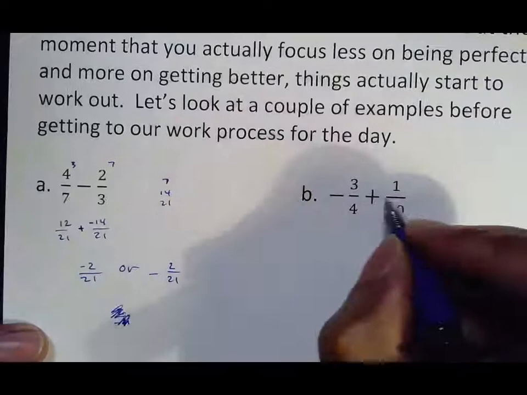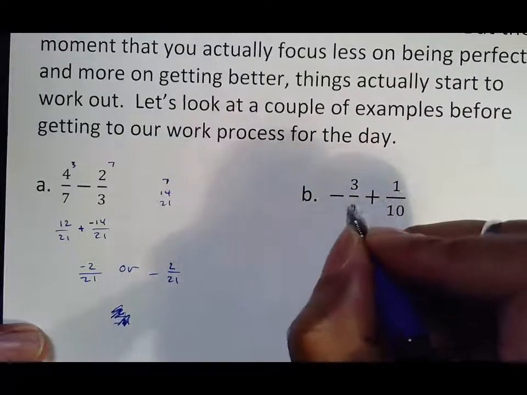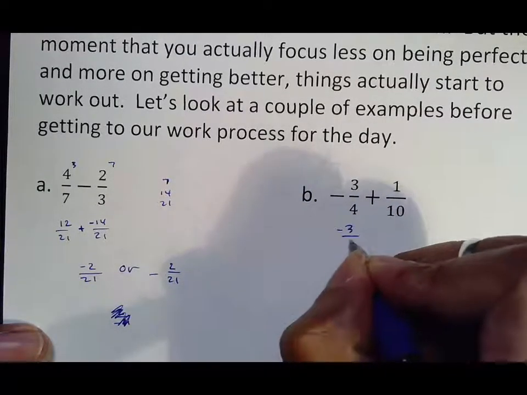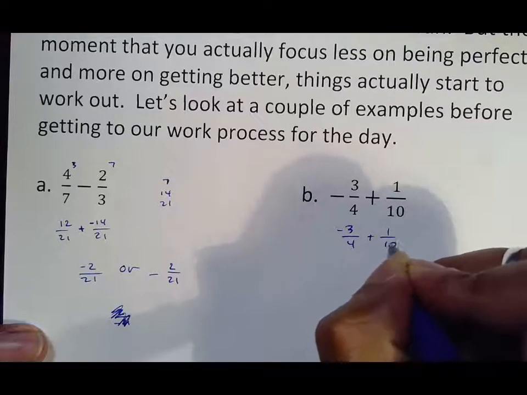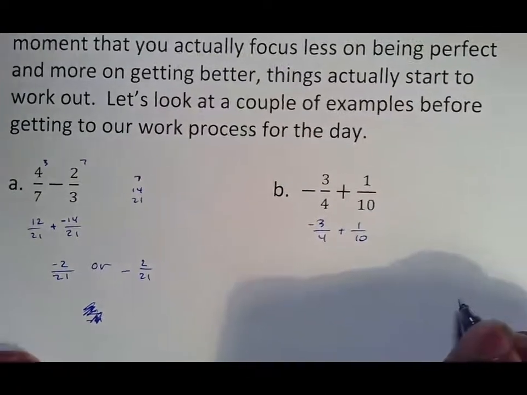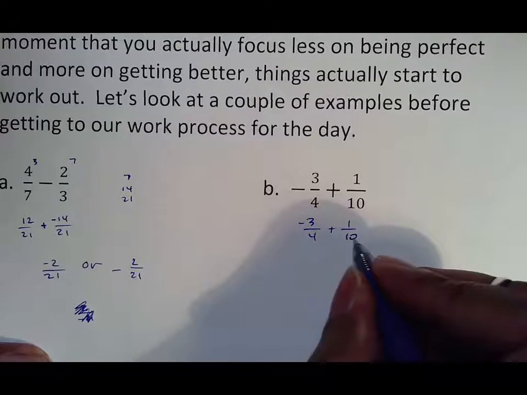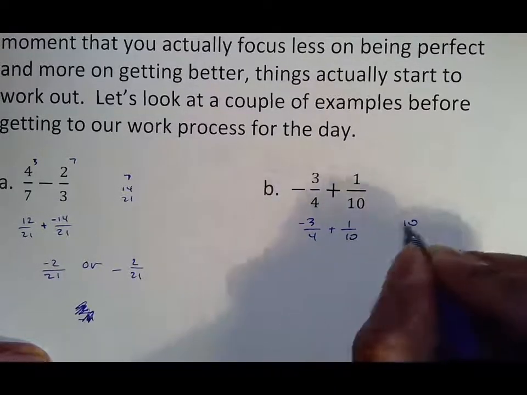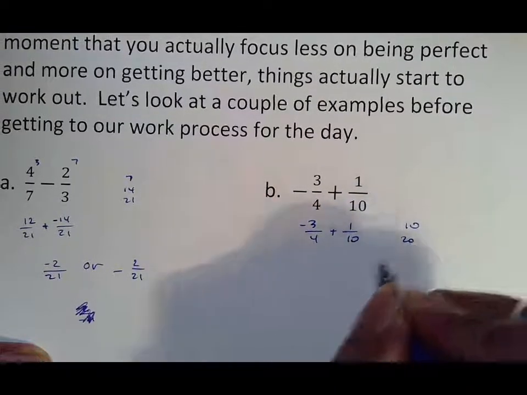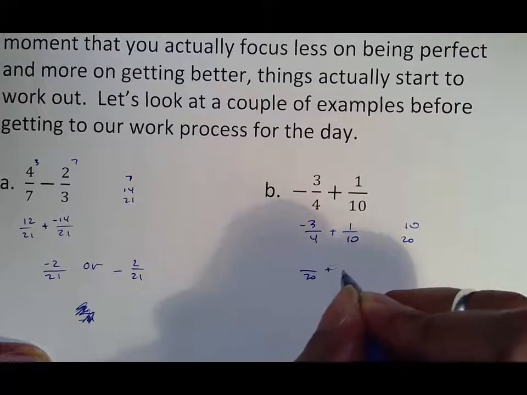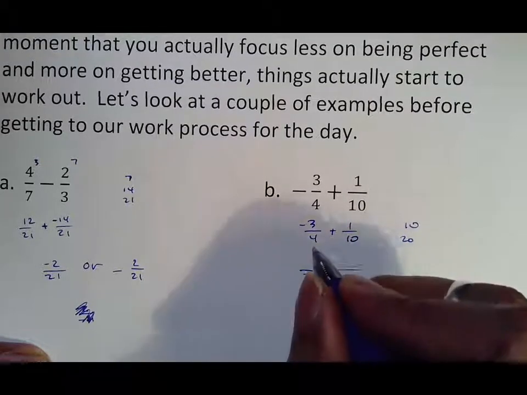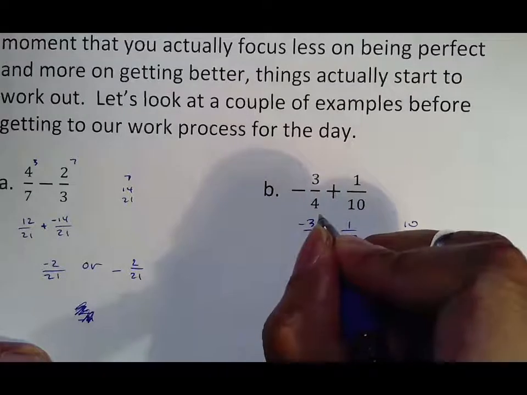Negative 3/4 plus 1/10. Again, what I'm going to do is rewrite this as negative 3/4 plus 1/10, because to me, that way I don't miss my negative 3. Looking for my common denominator, I'm going to count by tens. 4 doesn't go into 10. 4 does go into 20, which means that 20 is my common denominator. 4 times 5 makes 20.